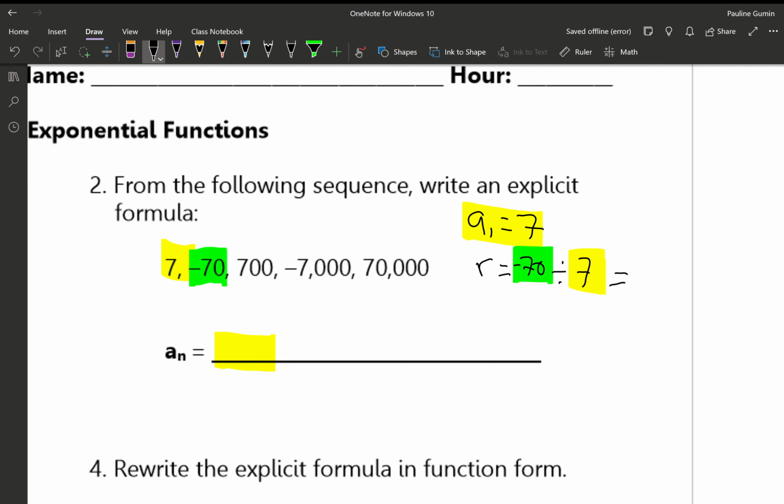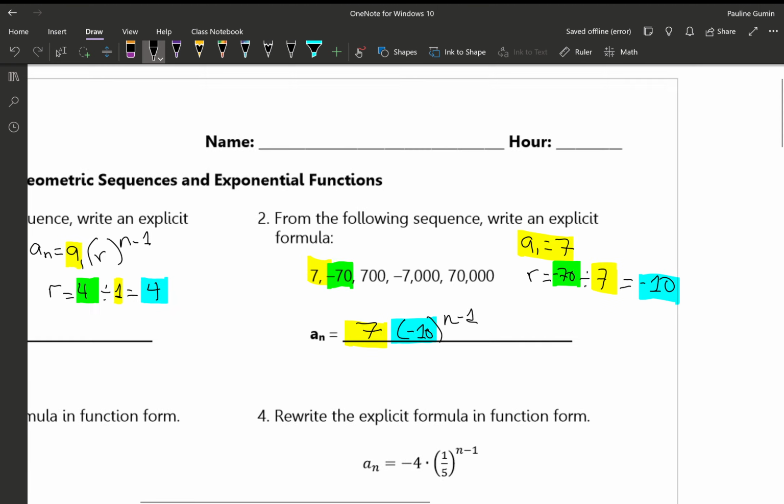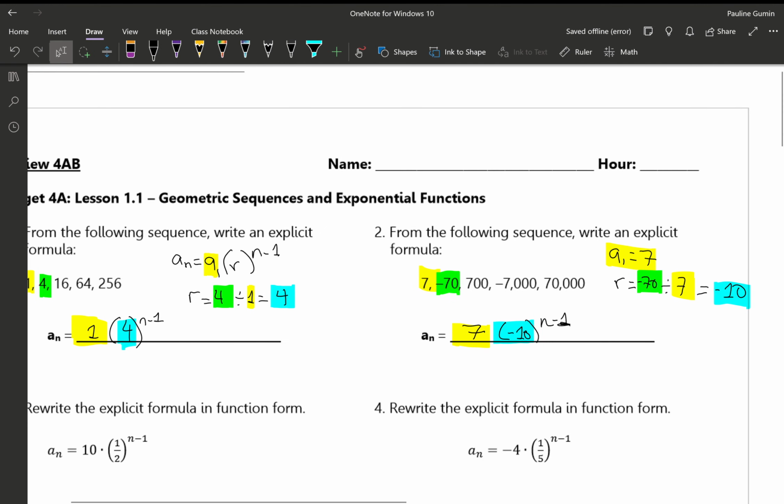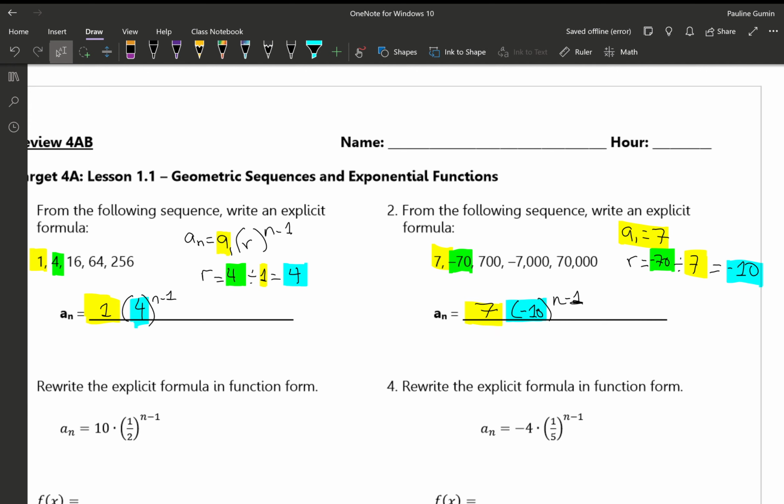When we do that division, we get negative 10, and that becomes our ratio. And that's it. So our formula is 7, and then in parentheses negative 10. We close those parentheses and give it a power of n minus 1. Okay, not too bad. Let's continue.